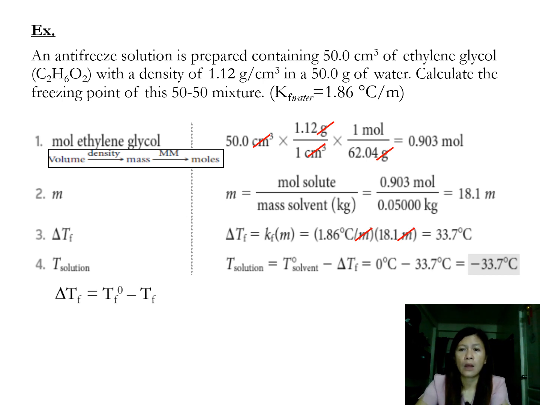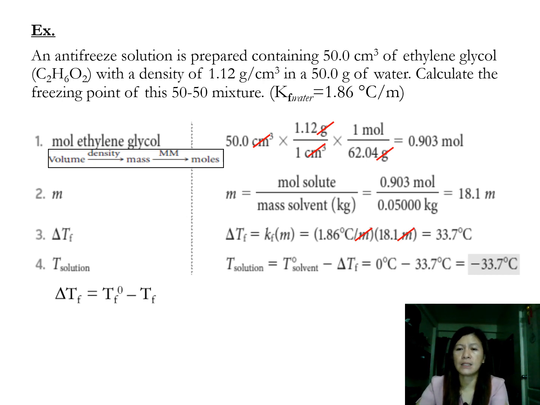This is now the freezing point of our mixture. So again, the pure solvent we have here is water. Its freezing point is 0. After adding ethylene glycol amounting to 50 cubic centimeter, notice the freezing point went down. So it decreased.